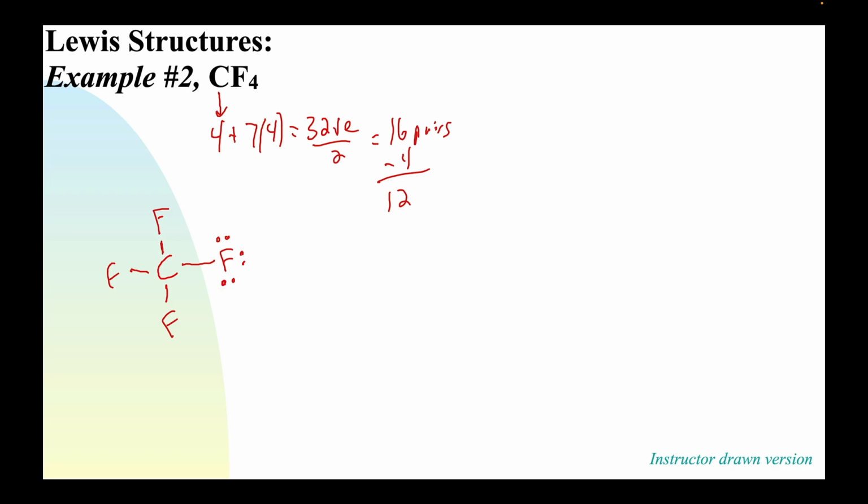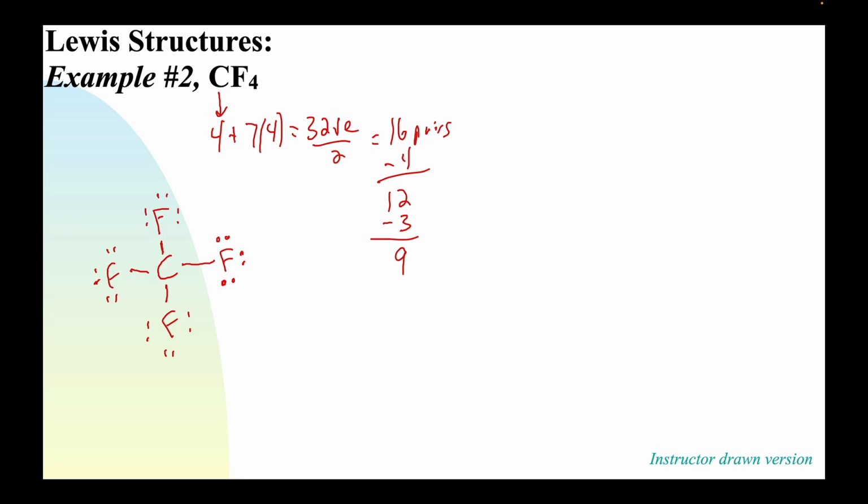And if you think about it, the fluorine there I just drew has 1, 2, 3 lone pairs and 1 bonding pair, 4 pairs total. That's the octet. Now I did use up 3 pairs, so I have 9 pairs left to go. But as you can probably see, I have 3 more fluorines. So what I'm going to do now is put 3 lone pairs on each of those fluorines.